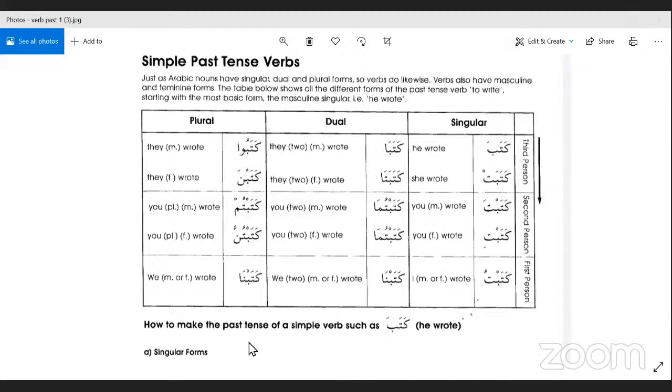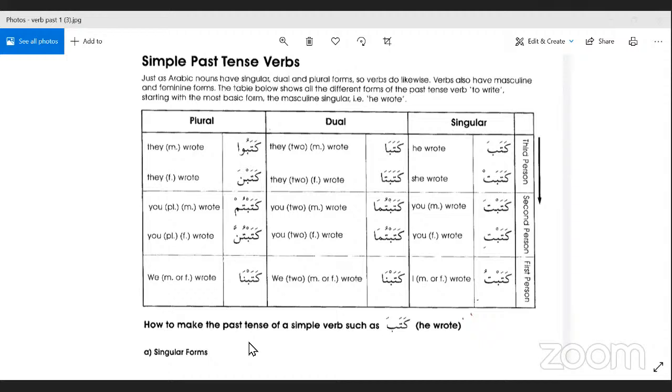MashaAllah. Excellent. Can I have the next on the mic? Sister Zarabano, assalamu alaikum. I'm going to give you a different one: Fataha. Fataha means he opened. Just one second, Sister.